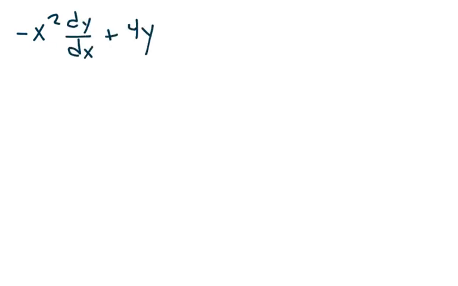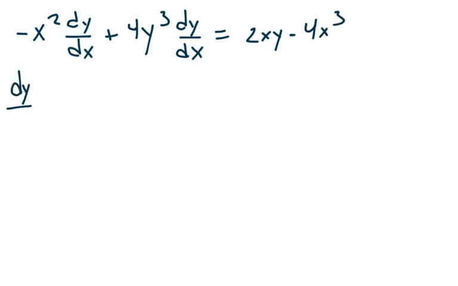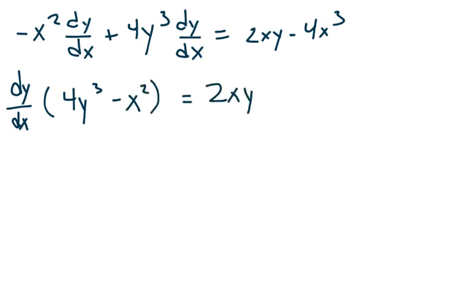So we will have minus x squared dy/dx plus 4y cubed dy/dx is equal to 2xy minus 4x cubed. Now we can factor out a dy/dx, and we have dy/dx times the quantity 4y cubed minus x squared equal to 2xy minus 4x cubed.